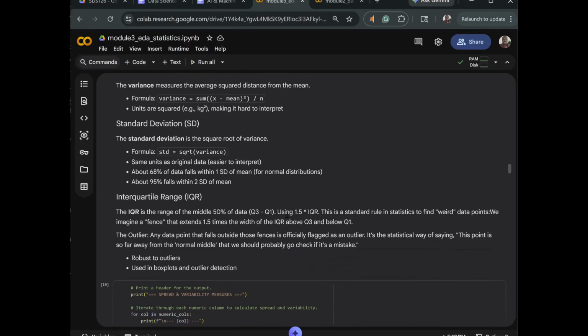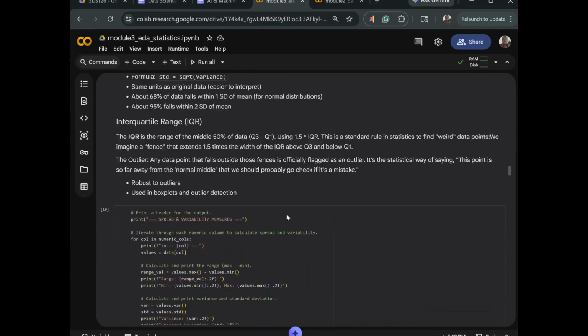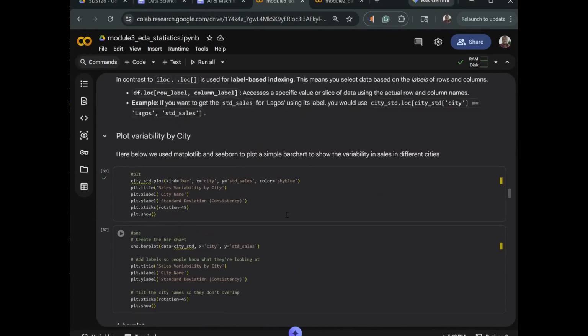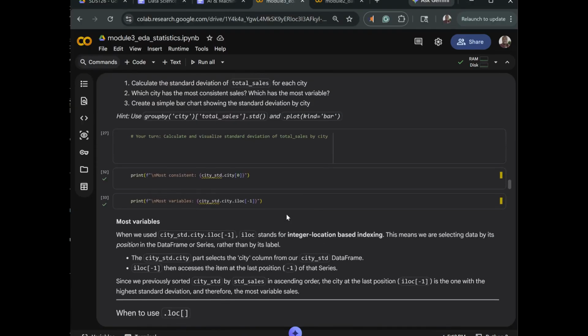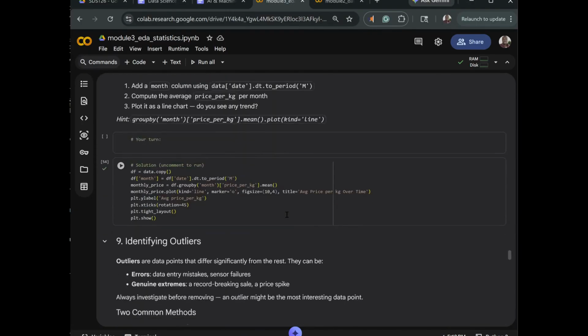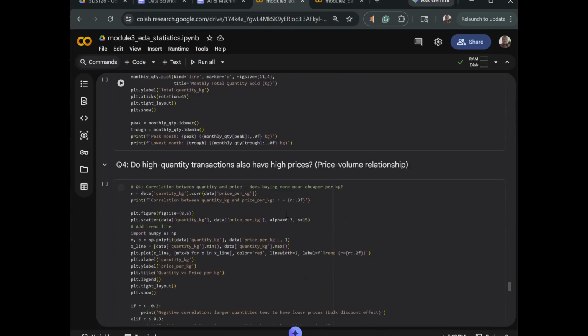So for the interquartile range, the IQR is the range of the middle 50% of the data. Here's a box plot.